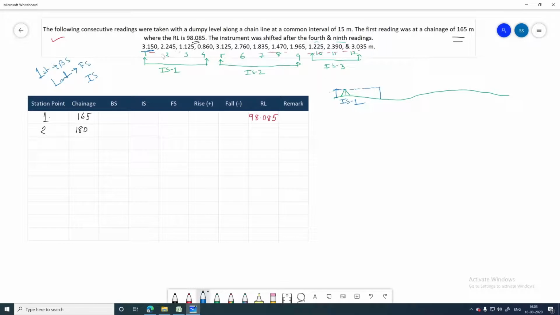The other readings are 2.240 and 1.125, so consider these two readings are here. These values are taken from instrument station 1. Now the instrument was shifted, because it is told in the question that after the 4th reading and 9th reading the instrument was shifted. So suppose I am shifting the instrument over here.